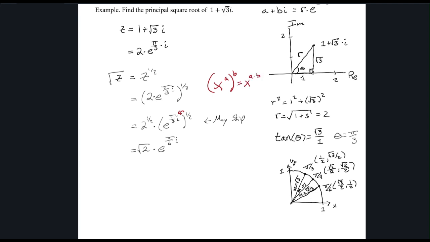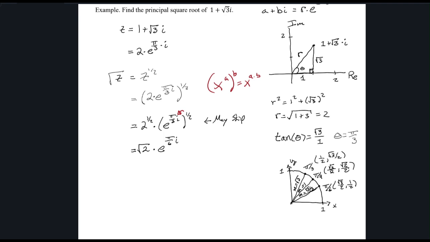So I can just multiply that 1/2 into that exponent. So 1/2 times pi over 3 is pi over 6 times i. We're not distributing here, it's just one multiplication that happens, and that's it. So this is our principal square root in polar form.